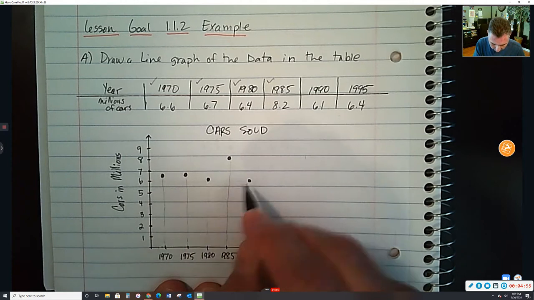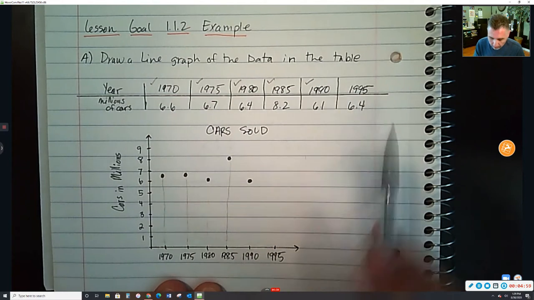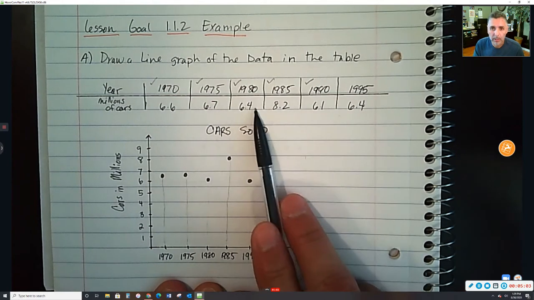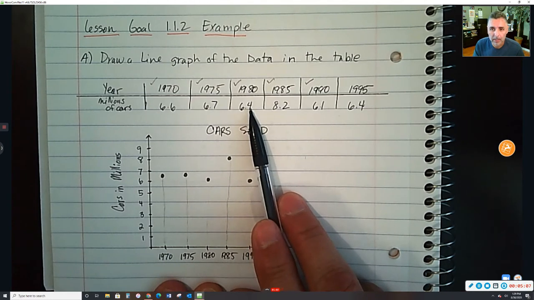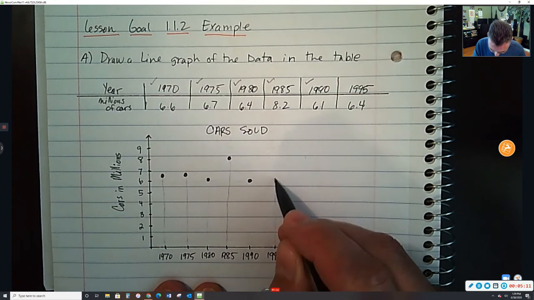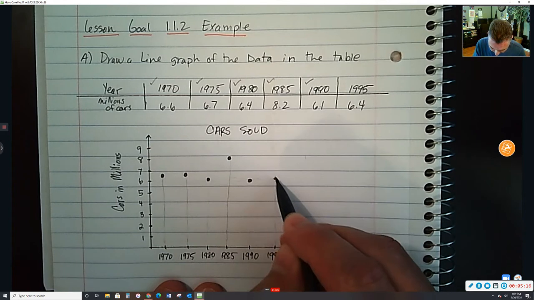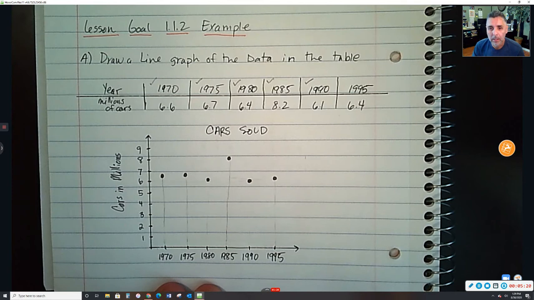I think I need to raise that point, but I'm going to leave that one there for now. 1995, 6.4. So in 1995 and 1990 they sold the same amount of cars. So technically, this point and this point should have the same height because they sold the same amount of cars.